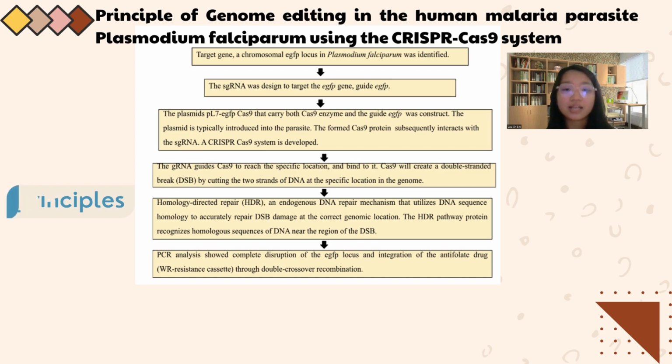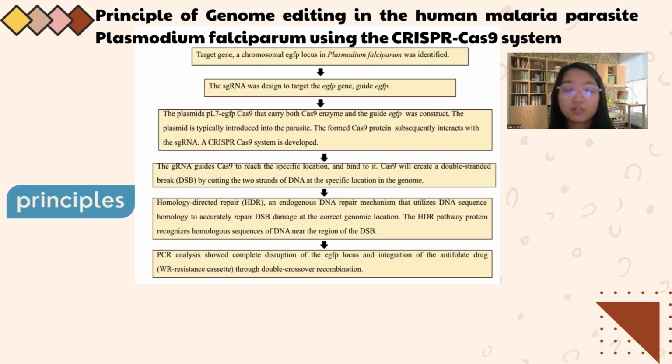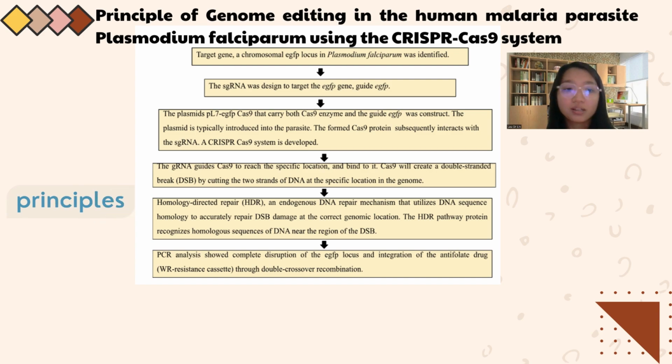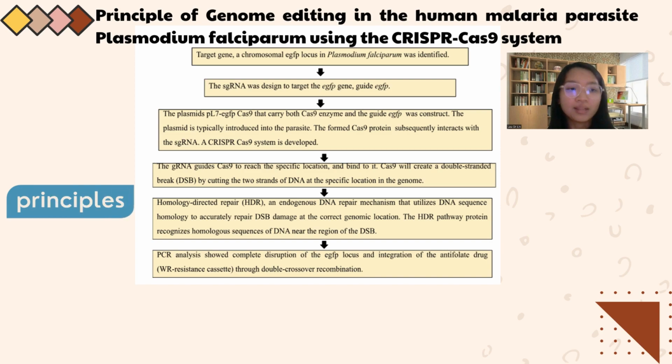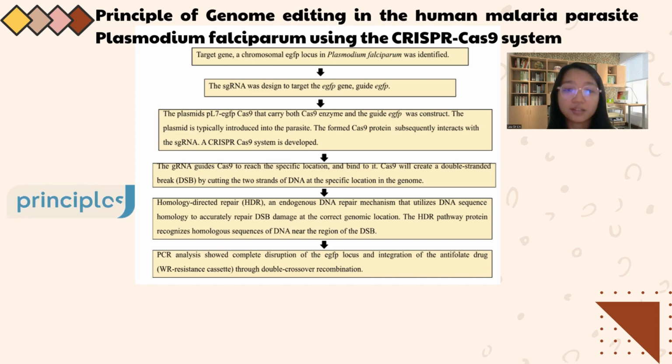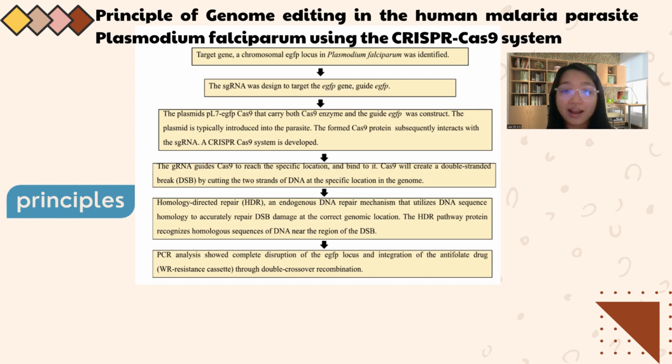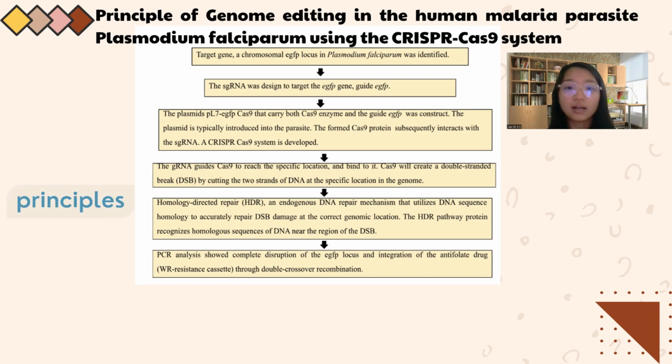After that, we need to design an sgRNA, which is known as a single guide RNA, specifically for the EGFP gene. After that, we need to construct the plasmid specifically for the targeted gene, where the plasmid must contain the guide RNA as well as the Cas9 enzyme.